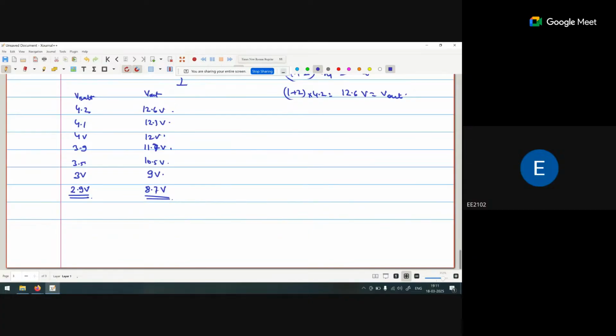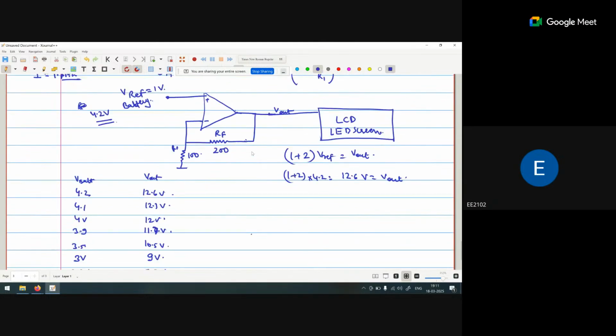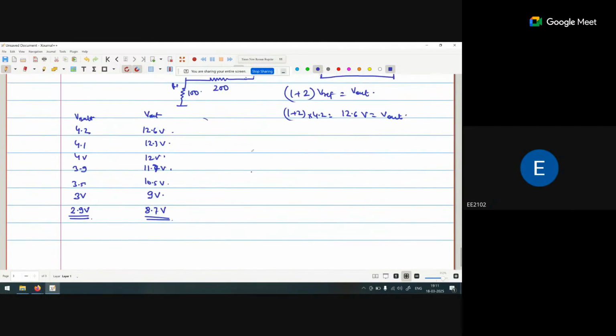Now in this scenario, what will happen? We require V out of 9 volt for the LCD or LED screen. Mobile screen, we can say LED, is required for the mobile screen to be on.